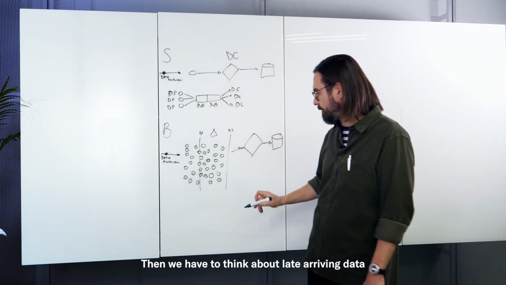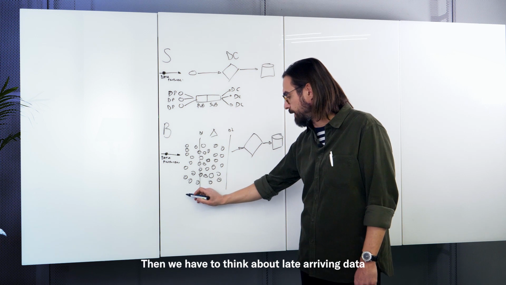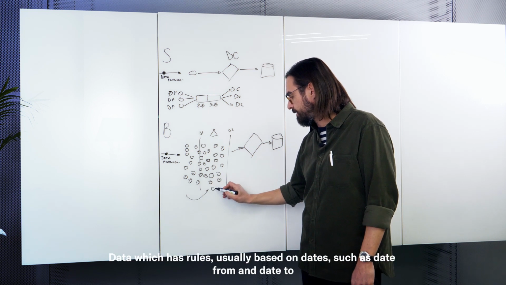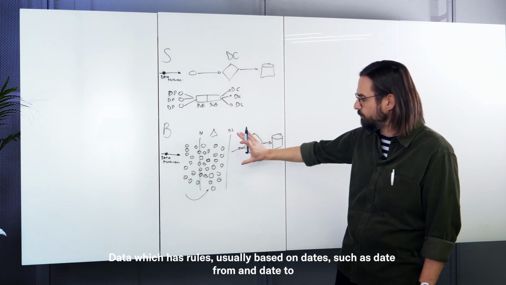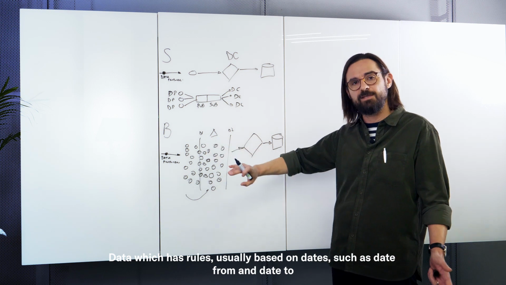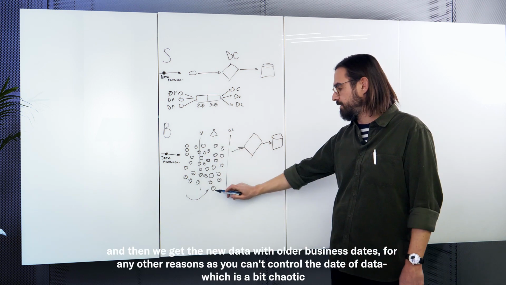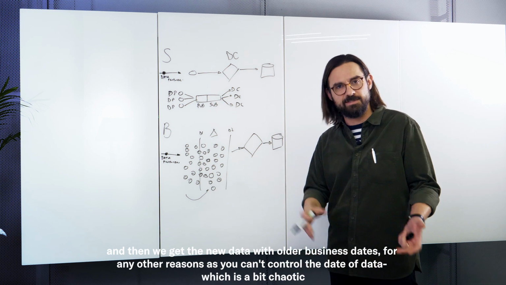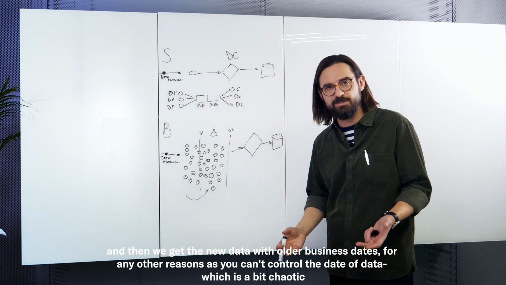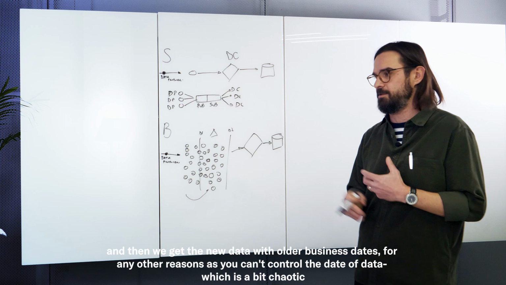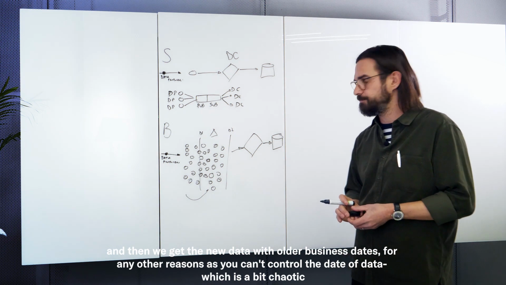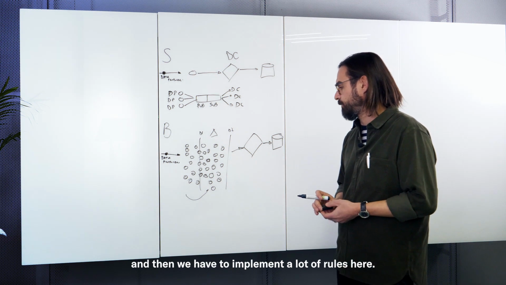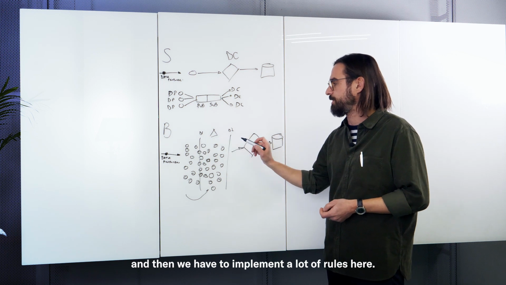Then we have to think about late arriving data. Data which has some rule, which is usually based on dates, date from and date to, and then we get new data with an older business date for any of the reasons, because you can't control the data. Data is just a bit chaotic. And then we have to implement a lot of rules here.